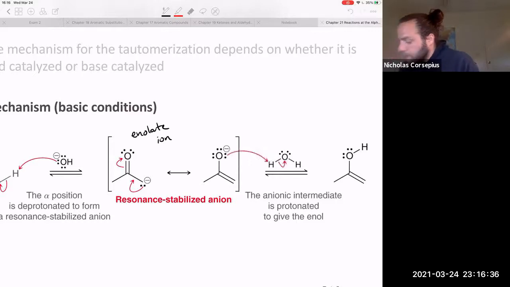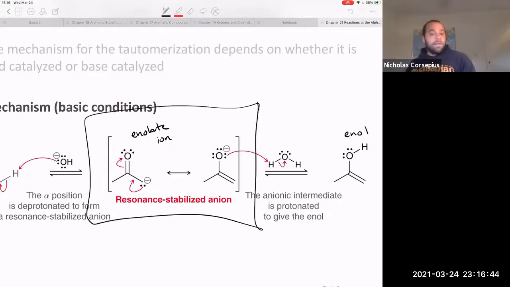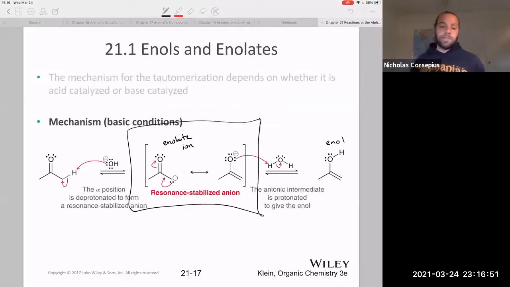That oxygen can then receive a proton and form the enol. Again, under basic conditions, it's actually going to be the enolate that plays the dominant role in our reaction mechanisms. But nonetheless, we can draw this tautomerization under acidic or basic conditions.